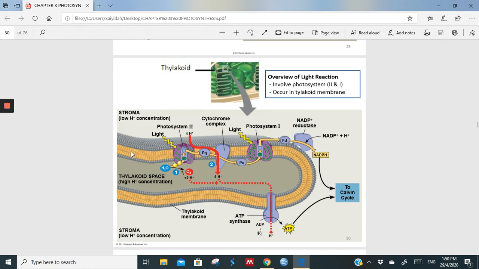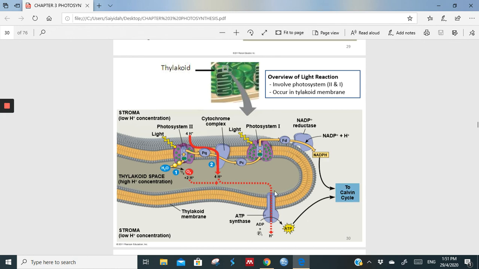Also here in this light reaction, the electron source actually comes from water molecules. The water molecules will be oxidized and the electrons will be sent to photosystem 2. This is the light reaction.